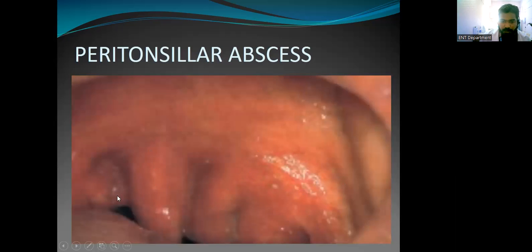The other side appears normal, but here if you see, the left side is enlarged and it pushes the uvula to one side. So you will find deviation of the uvula to the opposite side, and also enlargement of the tonsil on one side. So this is the peritonsillar abscess.